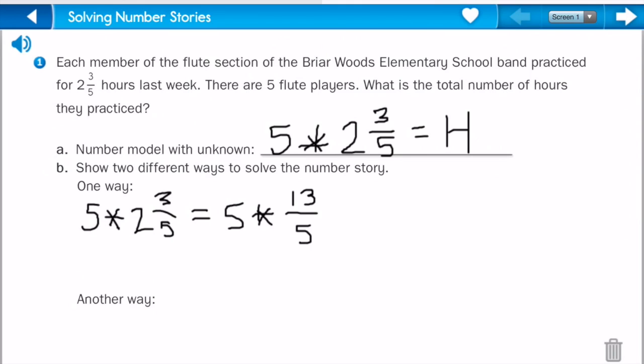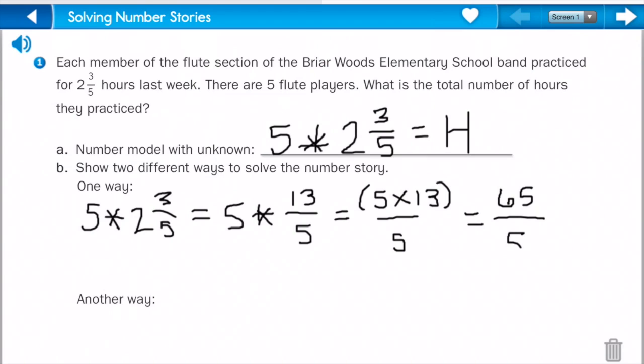Okay? And so now all we do is leave our 5 at the bottom the way it is, and then we're going to multiply 5 times 13. What would 5 times 13 be? Yep, it would be 65 over 5.